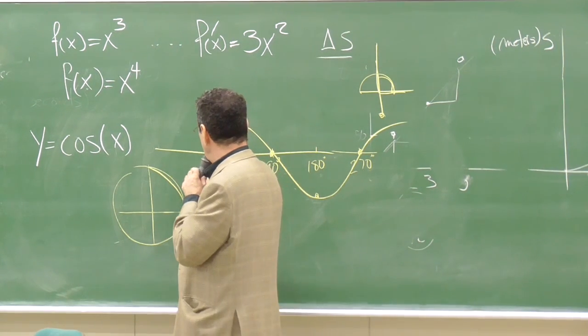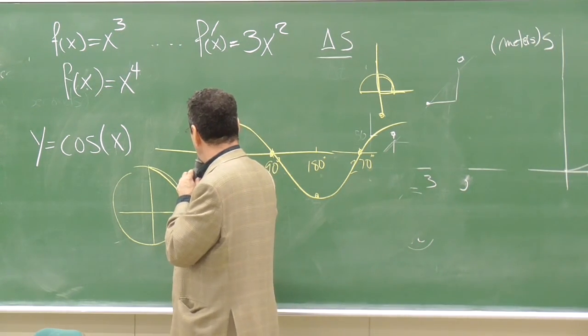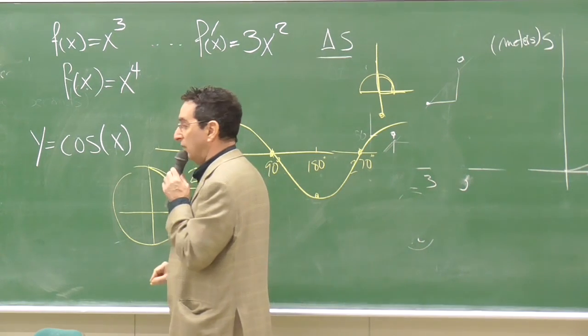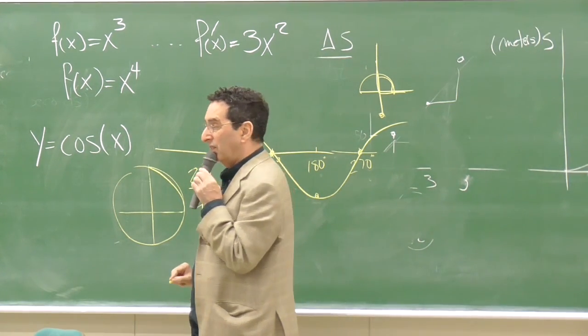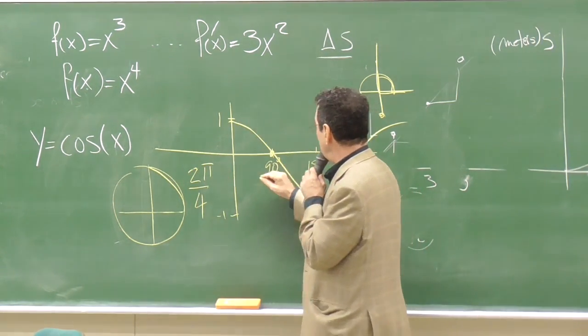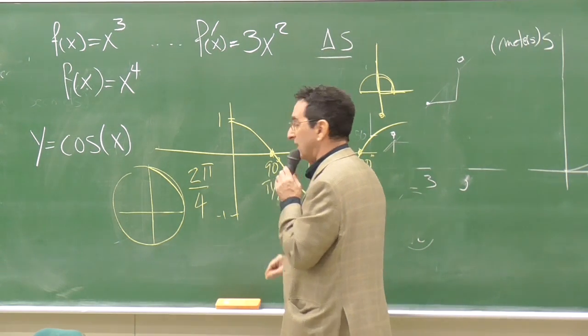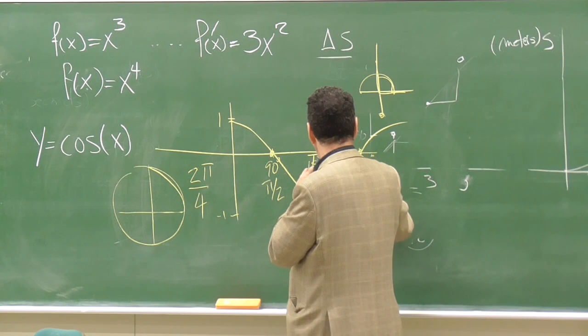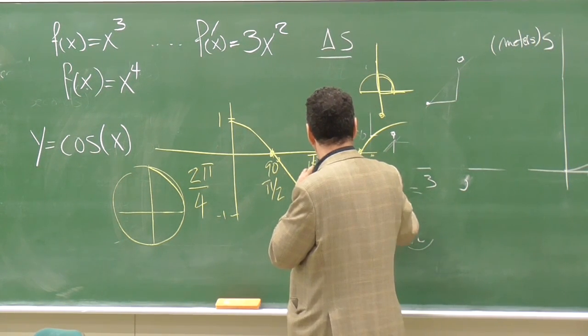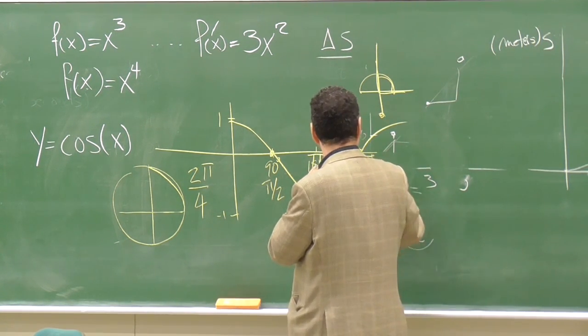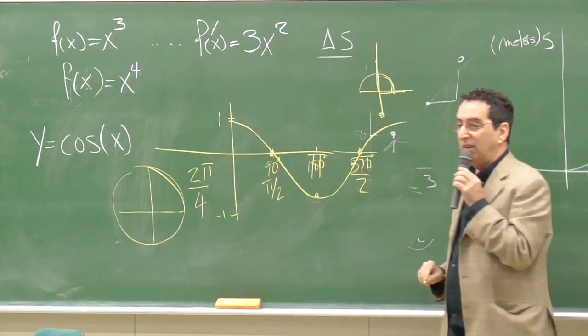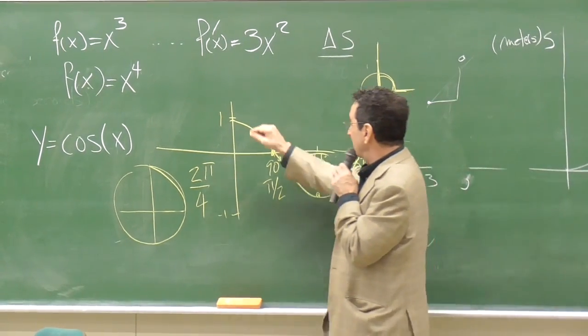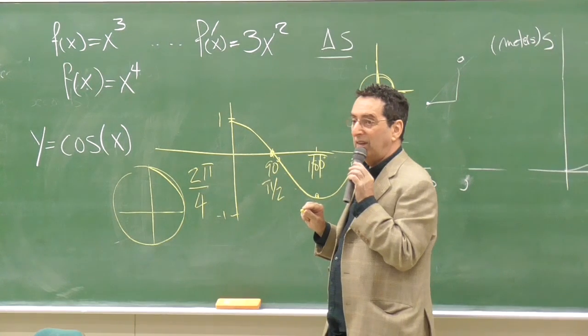So that's 2 pi over 4, which is pi over 2. So 90 degrees is called pi over 2 instead of 90 degrees. And then this is pi, and then this is 3, what is this? 3 pi over 2, I guess, right? And whatever, okay?